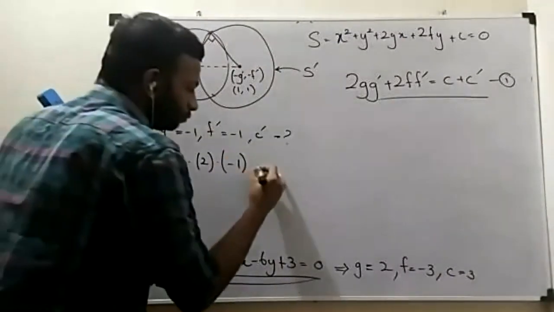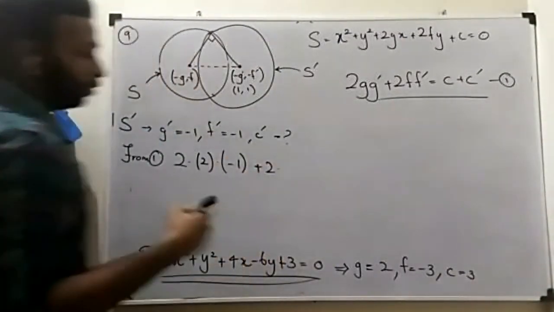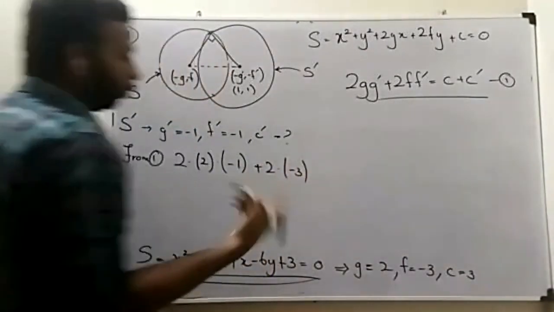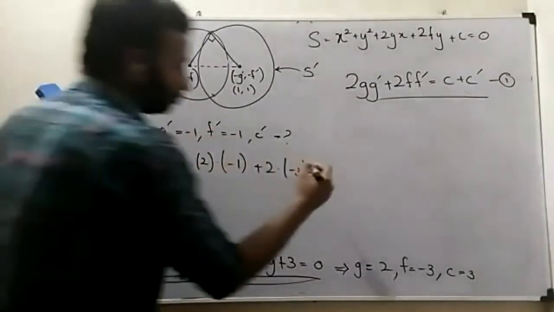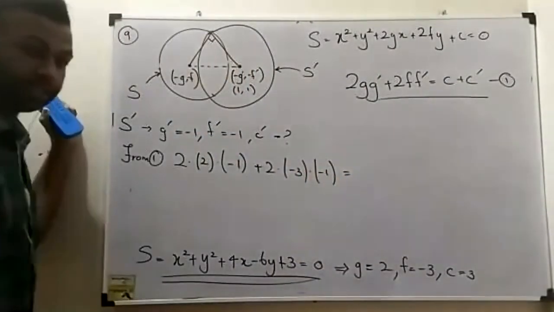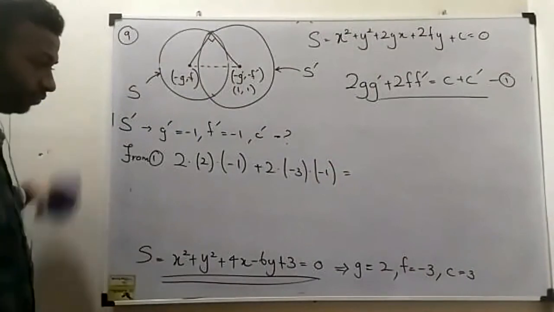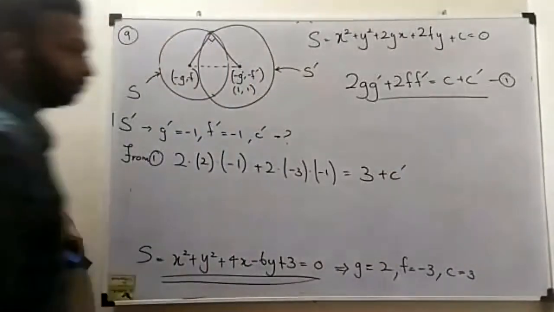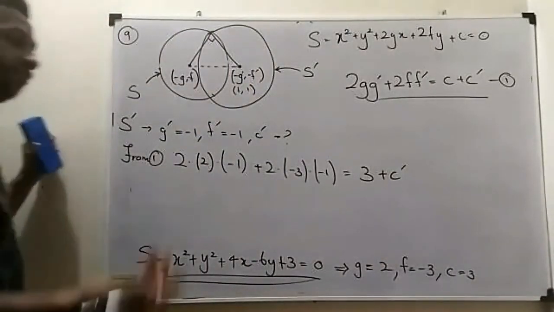Plus 2 times f. What is f? Minus 3. What is f dash? Minus 1. Is equal to what? c plus c dash. So what is c? 3. What is c dash? That's what we need to find. So by simplifying this equation, we can find c dash.